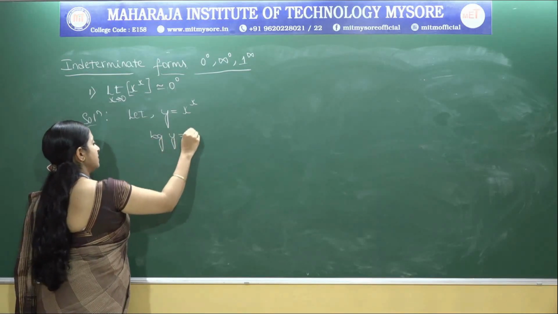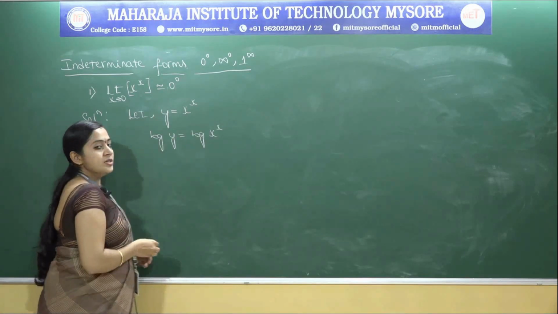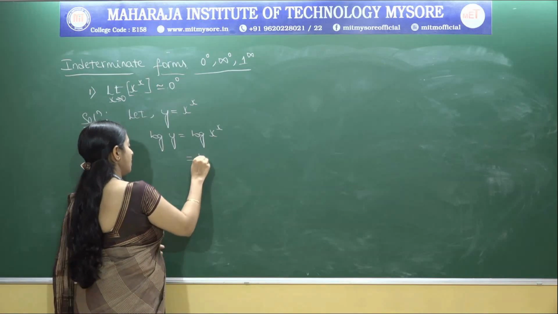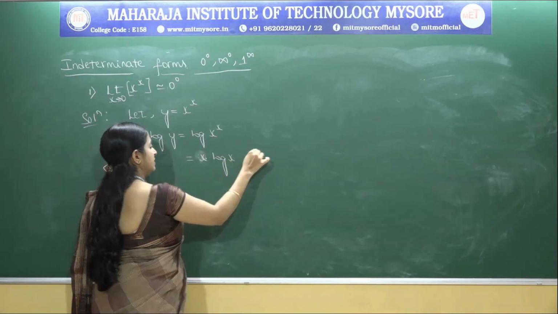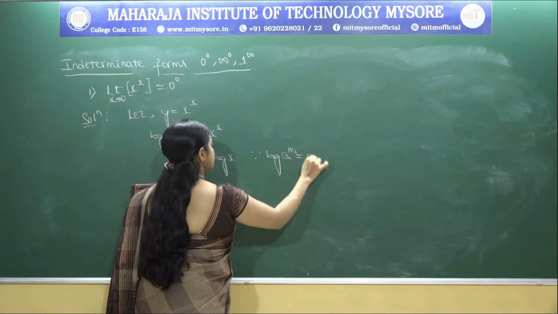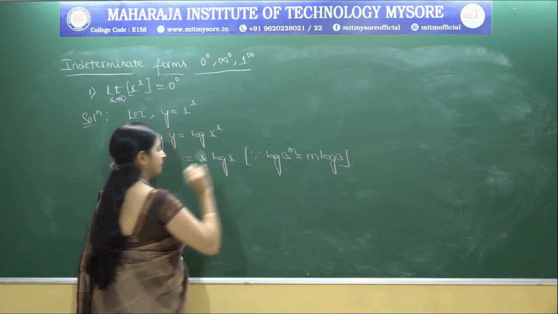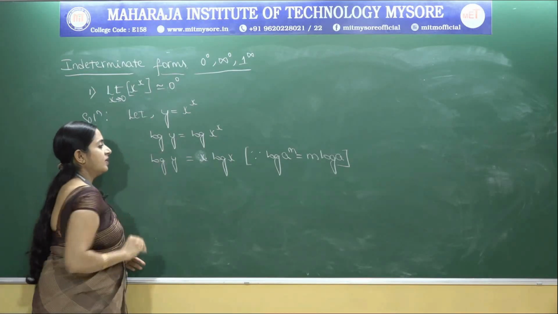Log y equals log x power x. So you have the property log a power m, you can write this term as x log x, since log a power m can be written as m log a. This is the log y.